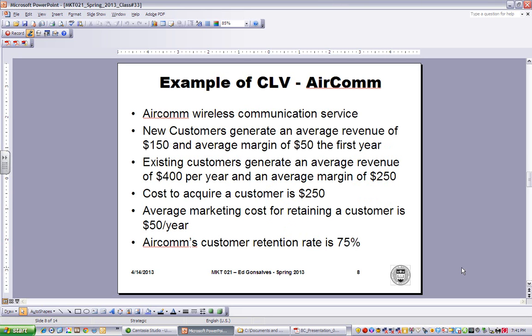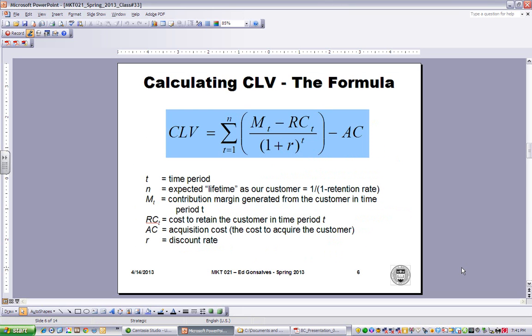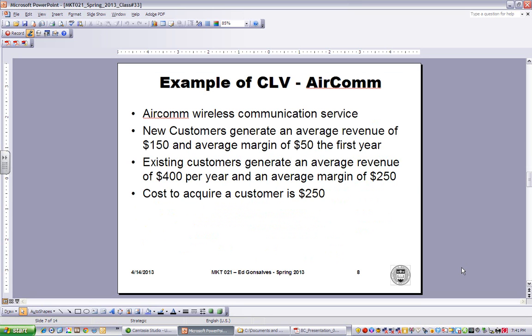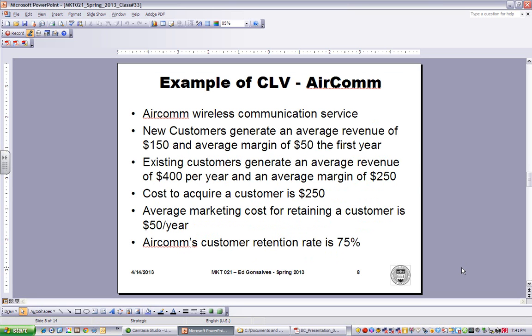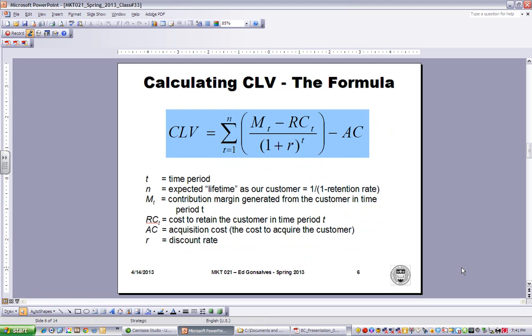So here's an example of CLV looking at a company called Aircom. Going back to the formula, let's see if we can break this down. New customers generate an average revenue of $150 and an average margin of $50 for the first year. So they generate $150 in revenue.